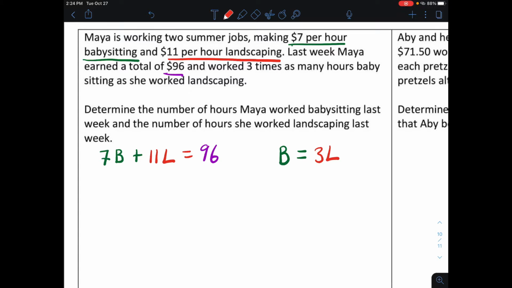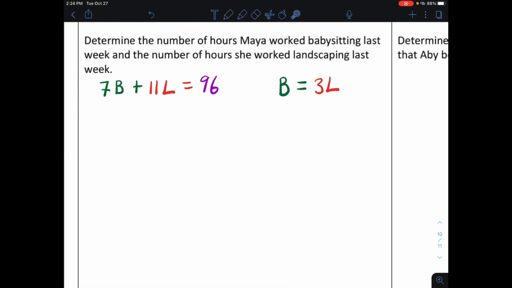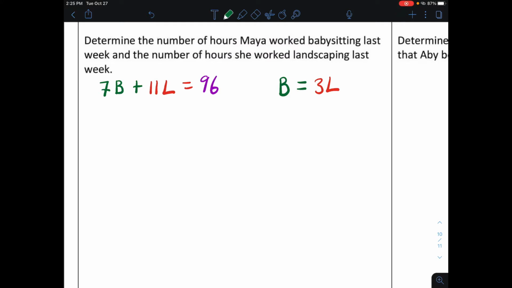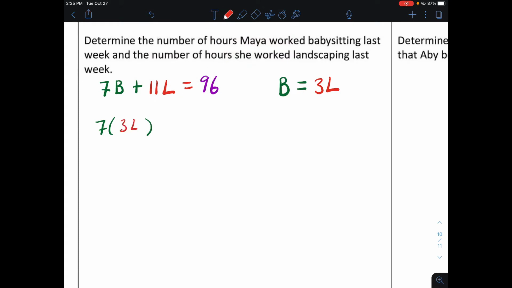Well, algebraically, since we already have an equation written explicitly, in this case B equals, we're going to use the substitution method. So we're going to start writing our equation over here, but where we see B, we're going to put 3L. So I have 7 times 3L, plus 11L is equal to 96, and then we're going to work our way and solve.